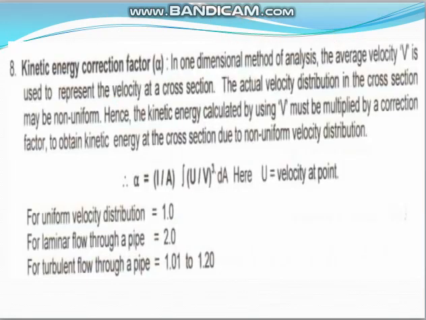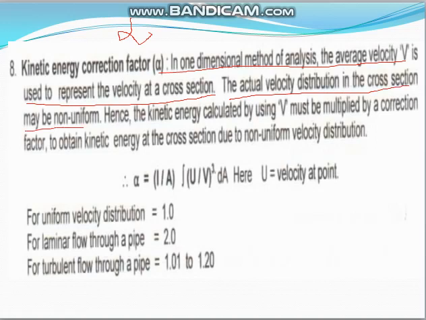kinetic energy correction factor. This kinetic energy correction factor is denoted by alpha. In the one-dimensional method of analysis, the average velocity is used to represent the velocity at a cross-section. The actual velocity distribution in the cross-section may be non-uniform. Here, non-uniform means the flow characteristics like velocity and acceleration will be changing with respect to the length.